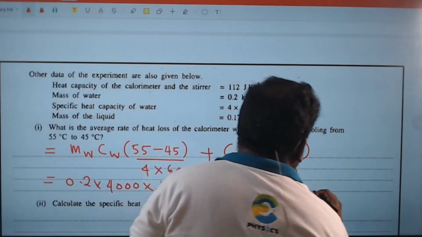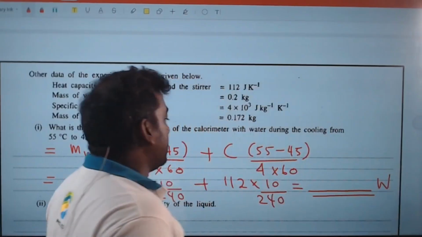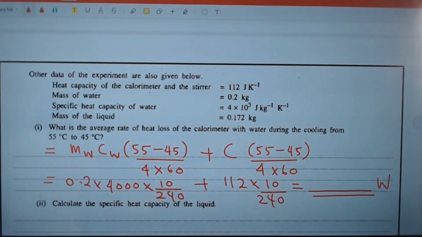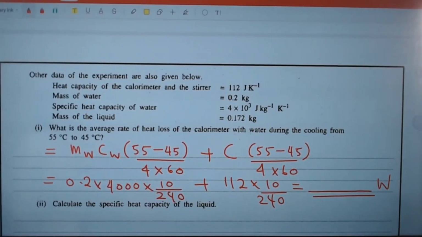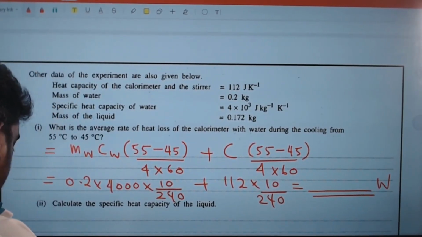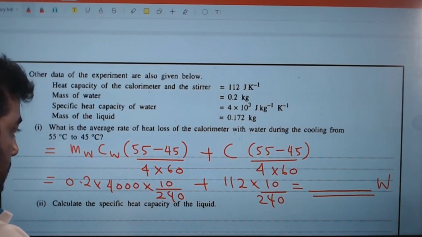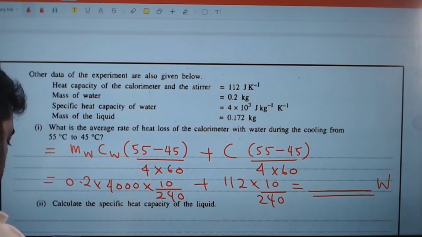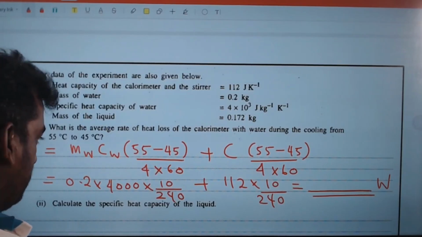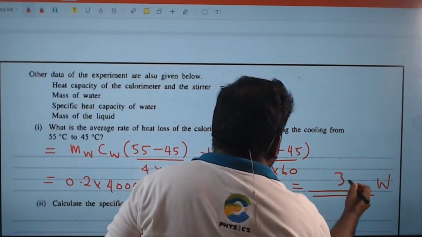Simplify this. You get your answer in terms of what?